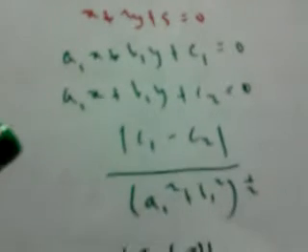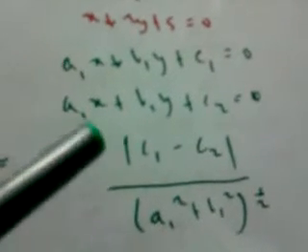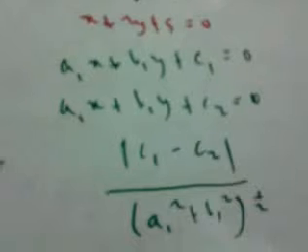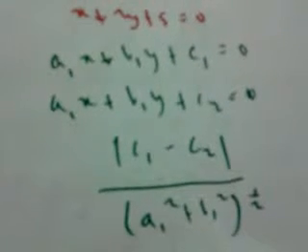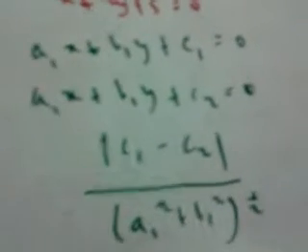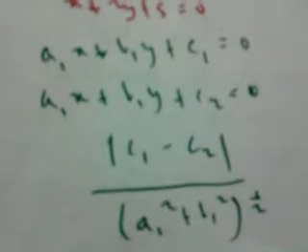So as per the formula, if a1x plus b1y plus c1 is 0, and a1x plus b1y plus c2 equal to 0 are the equations of two parallel lines, then the distance between these two lines is given by the absolute value of c1 minus c2 divided by the square root of a1 square plus b1 square.